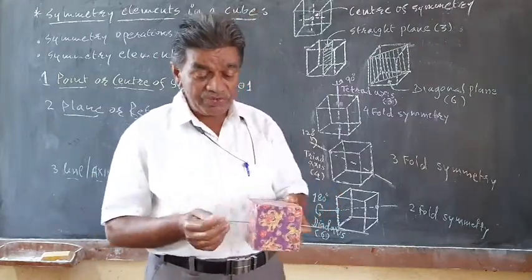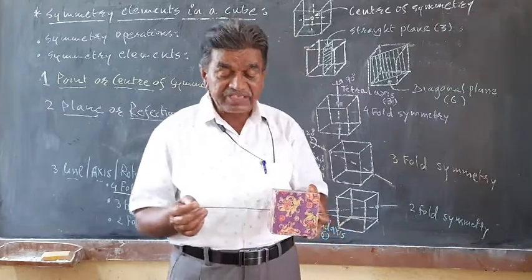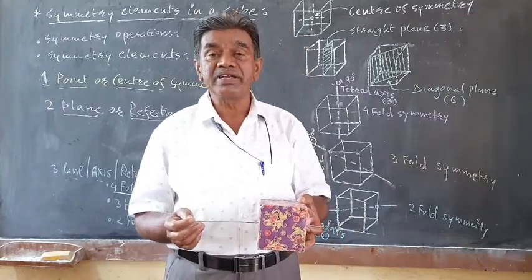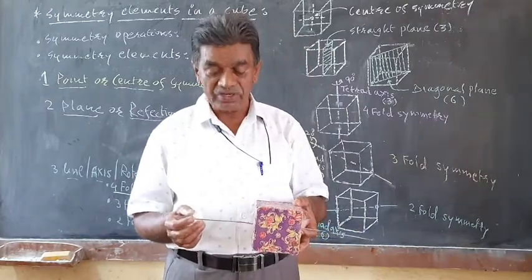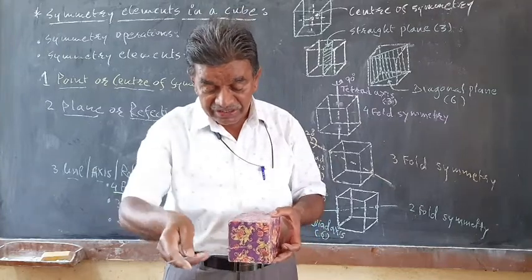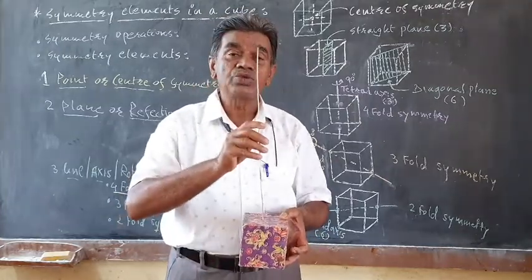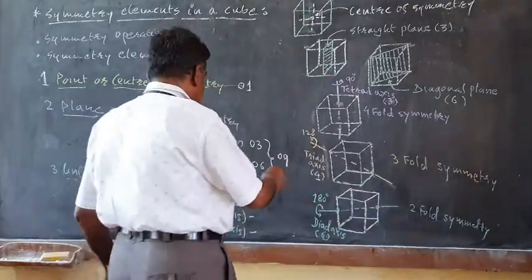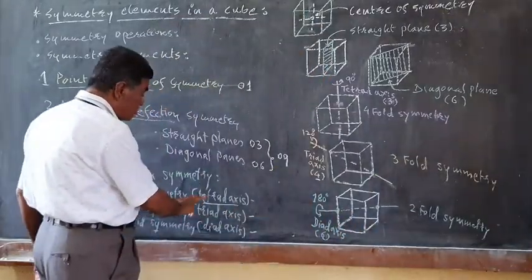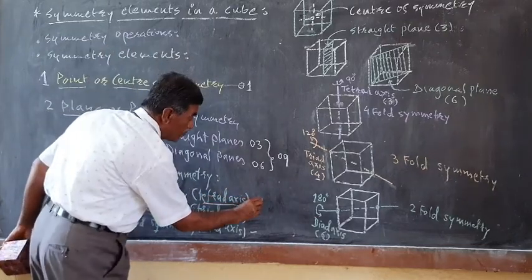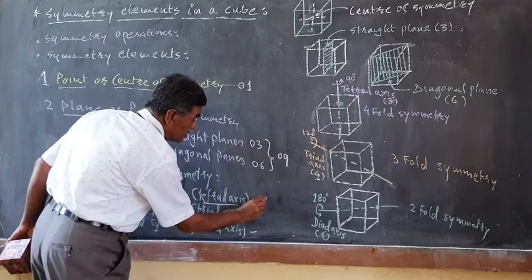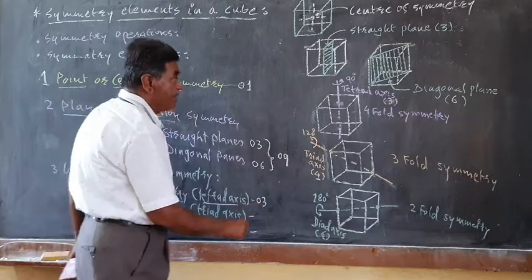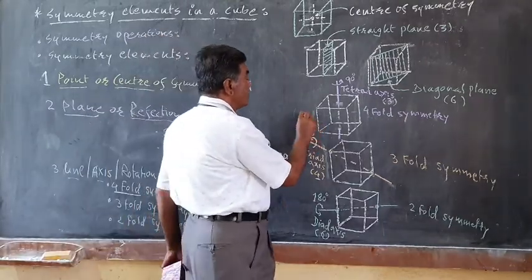So as far as the cube is concerned, how many tetrad axes, or fourfold symmetry elements, are observed? This is 1, this is 2, and this is 3. So you get 3 tetrad axes in the case of the cube. That is nothing but 3 in the case of the cube. Such a figure is shown here.